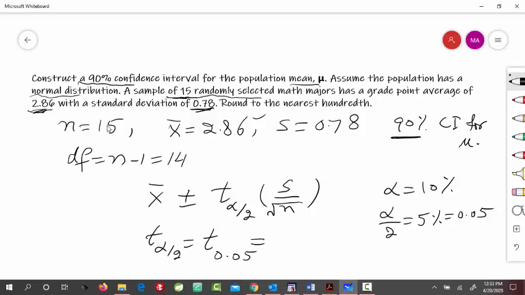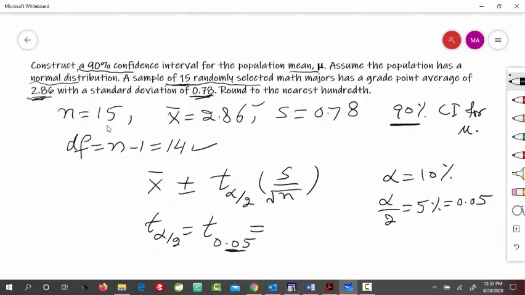We can read this value from the t distribution table with 14 degrees of freedom and this area on the right tail, 0.05. This is telling us the area on the right tail for the t distribution table.